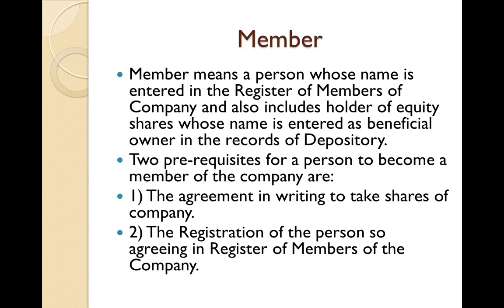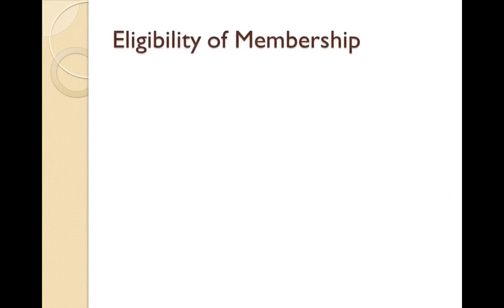Let's see what the eligibility for membership is. Who is eligible to be a member? Here there are also two criteria, individual and organization. Let's see first the individual criteria. In individual, a person whose age is below 18 years is called a minor.